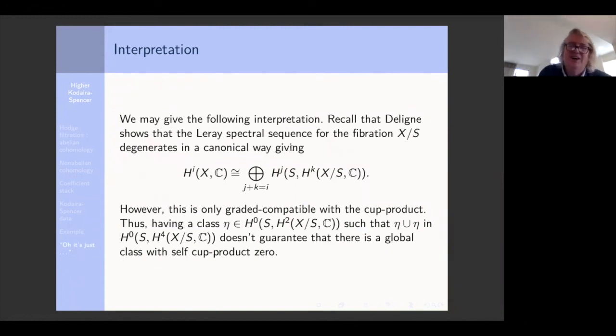Thank you then. I think we can give the following interpretation. The Leray spectral sequence for the fibration degenerates. And so we have a class such that eta cup eta is equal to 0 in H^0 of S, in the term H^0 of the base with coefficients in H^4 of the fiber. That does not guarantee that there's a global class with self-cup product equal to 0.